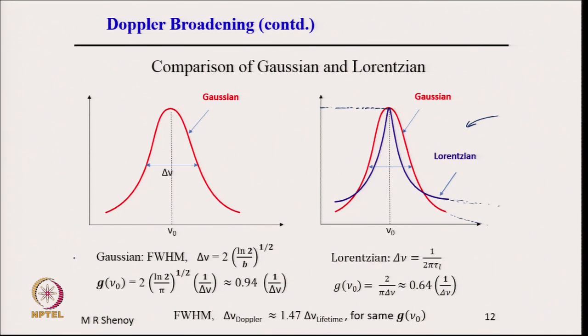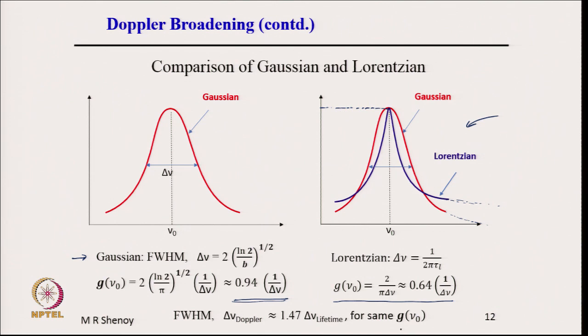So, we can see here what we have already derived: Gaussian FWHM is given by this. Therefore, g of nu 0 is approximately 0.94 into this, whereas for the Lorentzian g of nu 0 is 2 by pi into delta nu, which is approximately this.